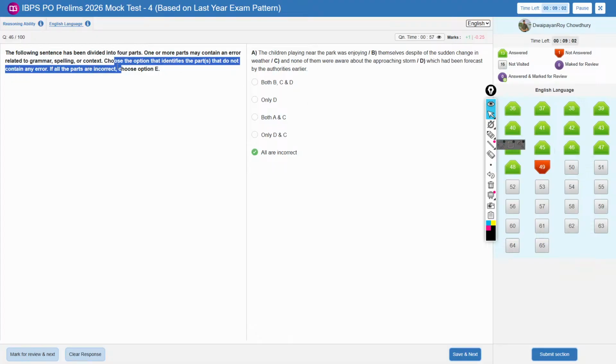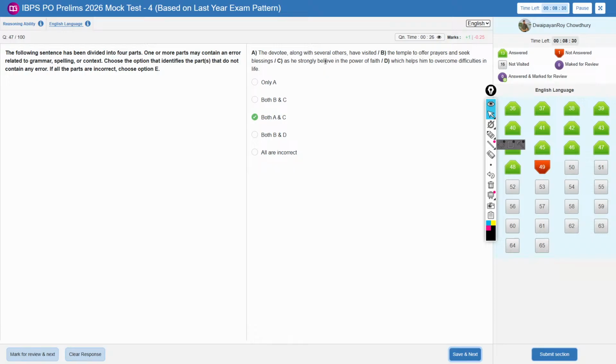Choose the part that does not contain error. Which had been forecast by the authorities. The devotee along with visited.